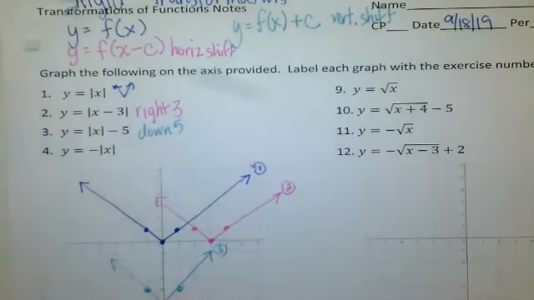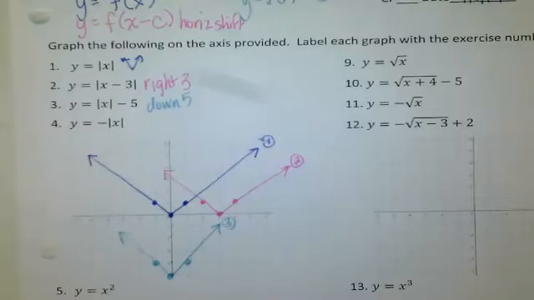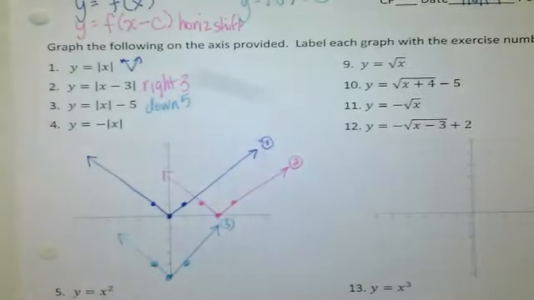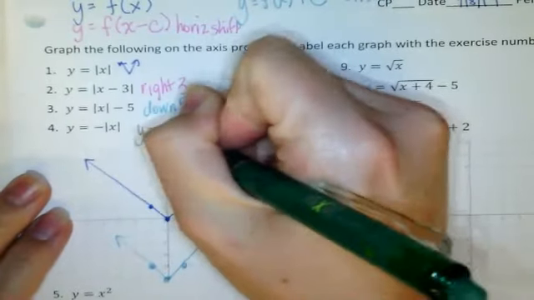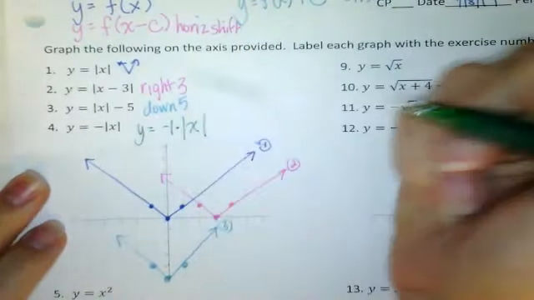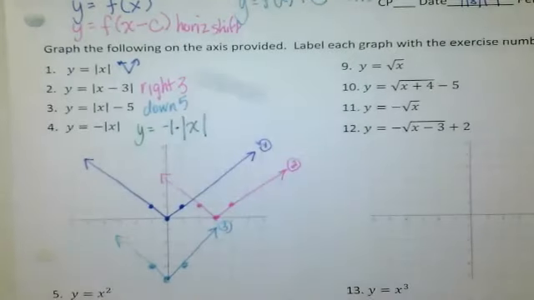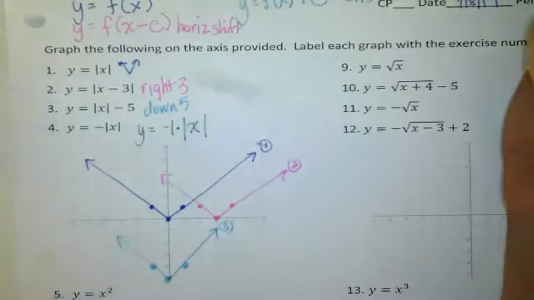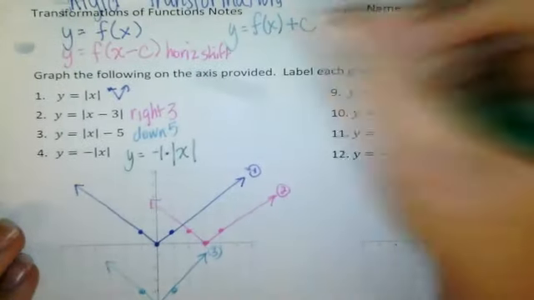Now we have one more transformation we're talking about today, and that is here. With a negative, I'm going to rewrite that as y equals negative 1 times the absolute value of x. Would you say that negative 1 is on the inside or the outside of the function? Outside. And it's on the outside, which is going to affect the y values.